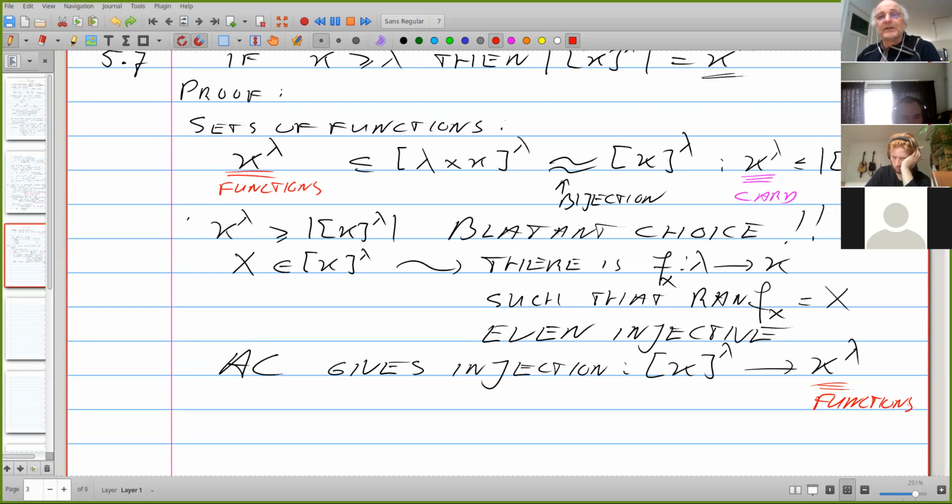The axiom of choice gives us an injection from the lambda-sized subsets of kappa into kappa to the lambda. There we have it. We have the reverse inequality, and then we apply the Cantor-Bernstein theorem to get the equality.